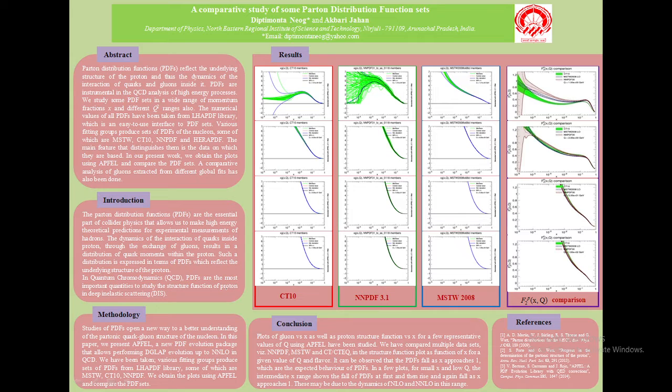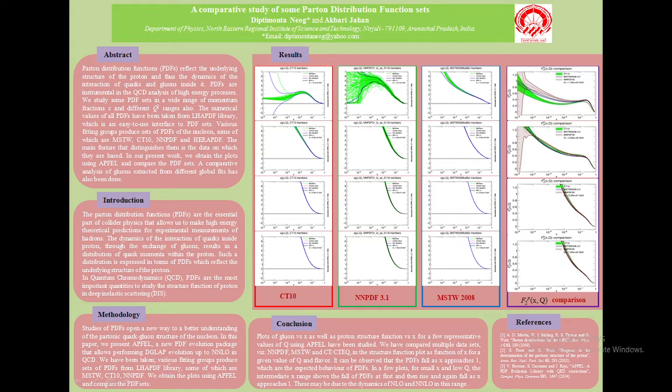Now, methodology. Study of PDFs opens a new way to a better understanding of the partonic quark-gluon structure of the nucleon. In this paper, we present APFEL, a new PDF evolution package that allows performing DGLAP evolution up to NNLO in QCD.